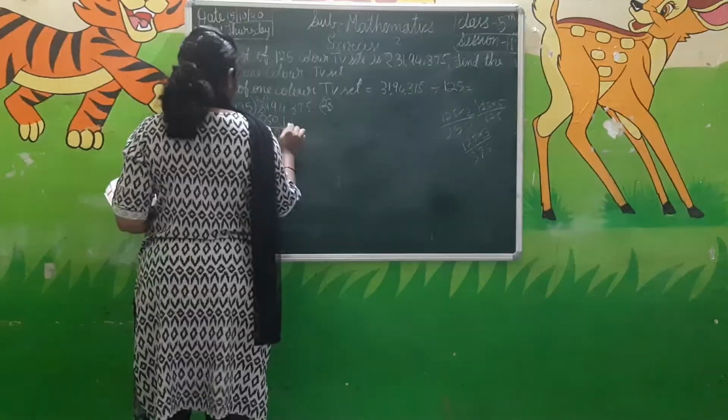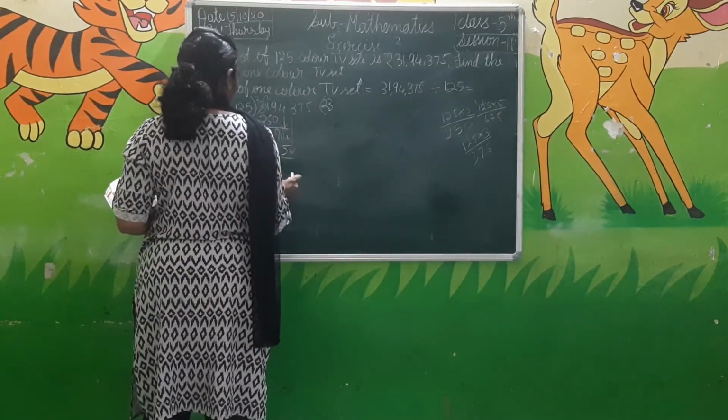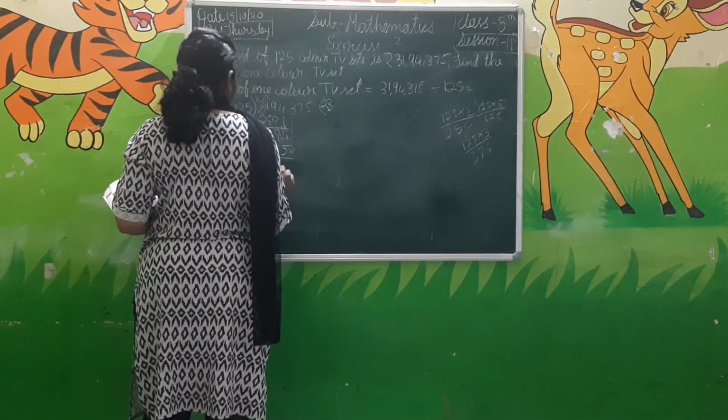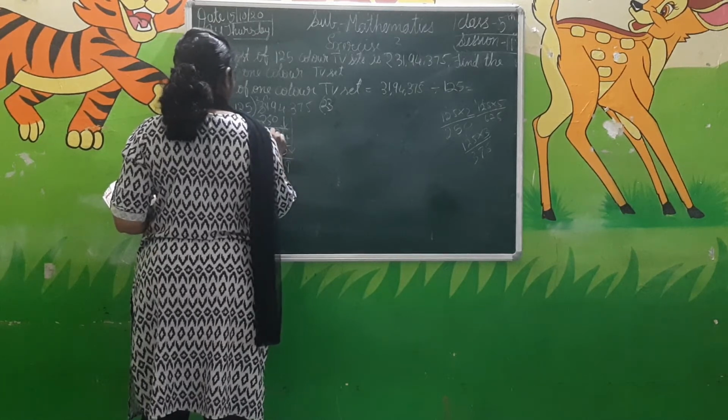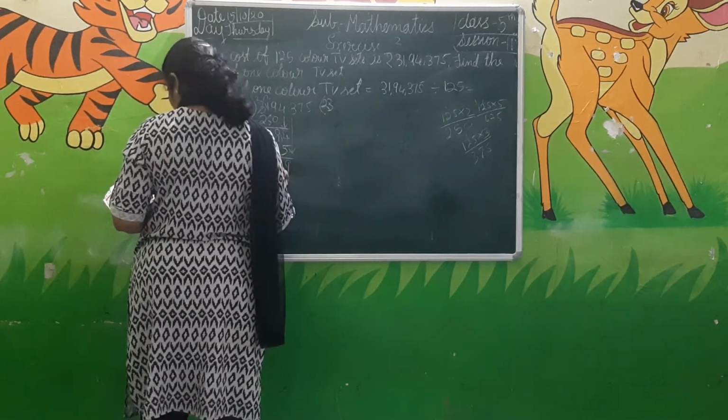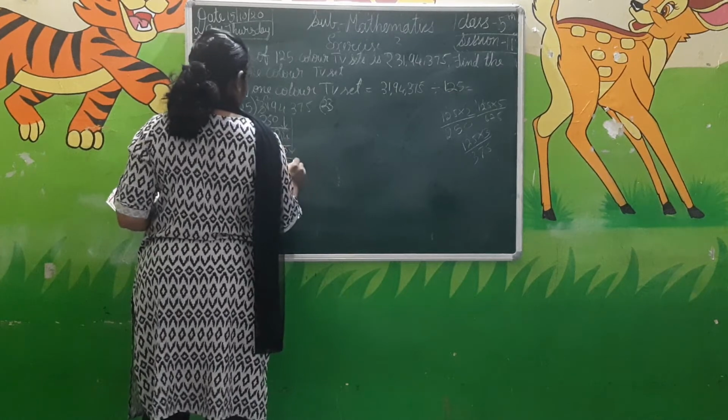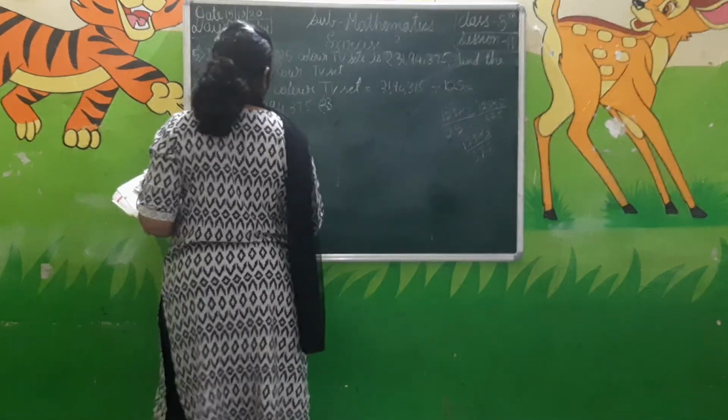So subtract it properly. It will become 14. 14 minus 5 is how much? 9. It will be 8 here. 8 minus 2 is 6. Okay. Now take the 3 down here. Again 693.